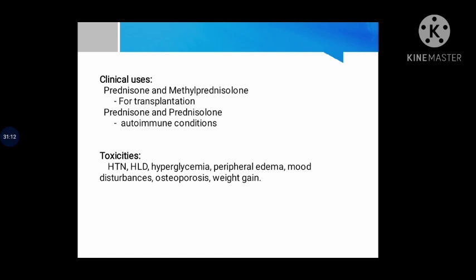For transplantation, the most common agents are prednisone and methylprednisolone, whereas prednisone and prednisolone are used for autoimmune conditions. Note that in transplantation, they are used in combination with the agents described.